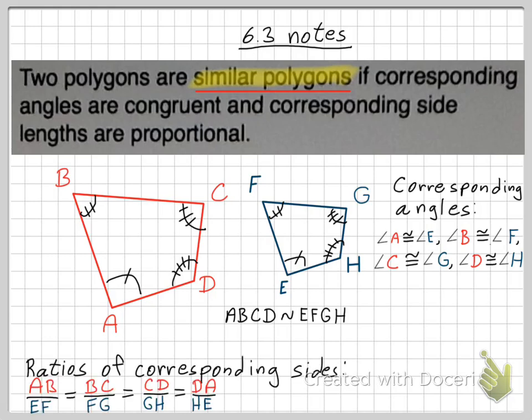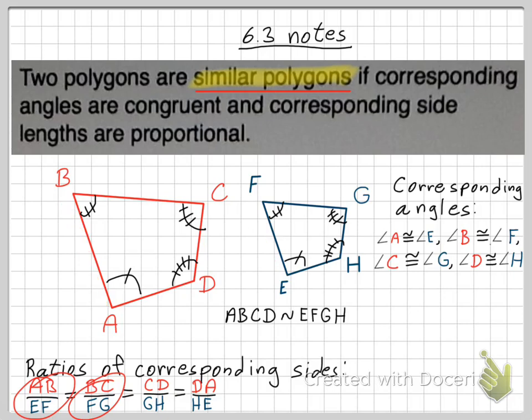And then also, if ratios of the corresponding side lengths are equal, then again, it's said to be similar figures. What that means is that AB divided by EF has to equal the same value as BC divided by FG. If you take this length AB and divide it by EF, you should get the same number as if you take BC and divide it by FG.